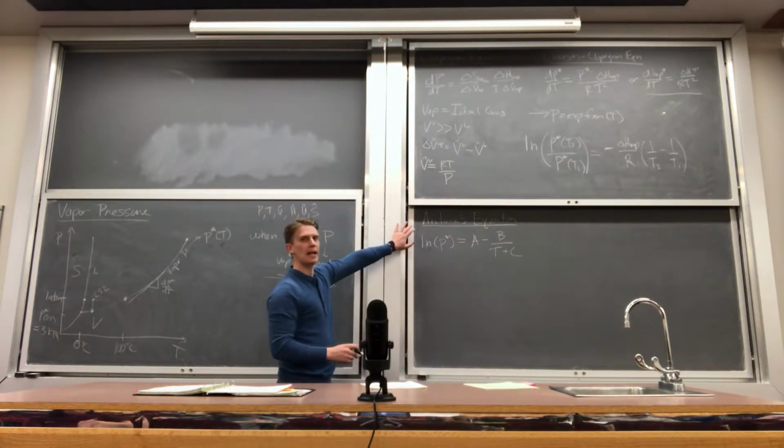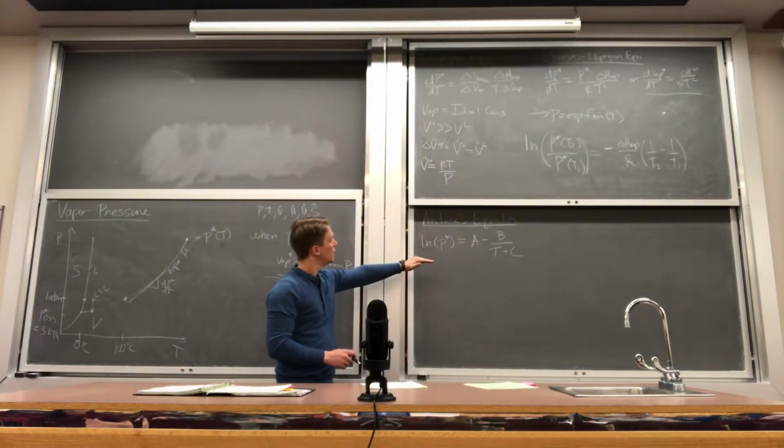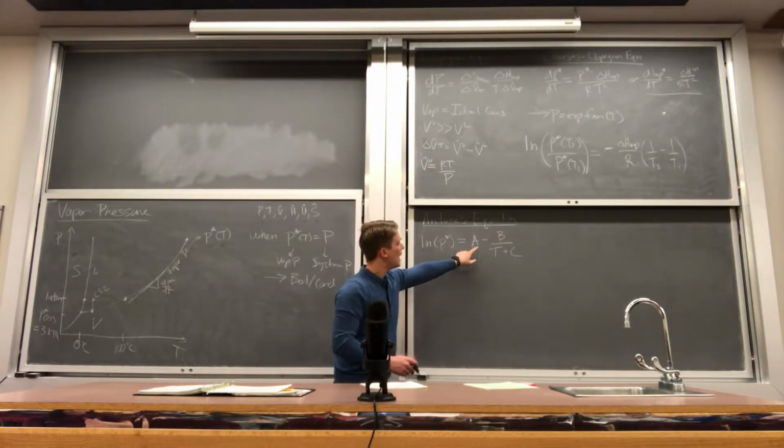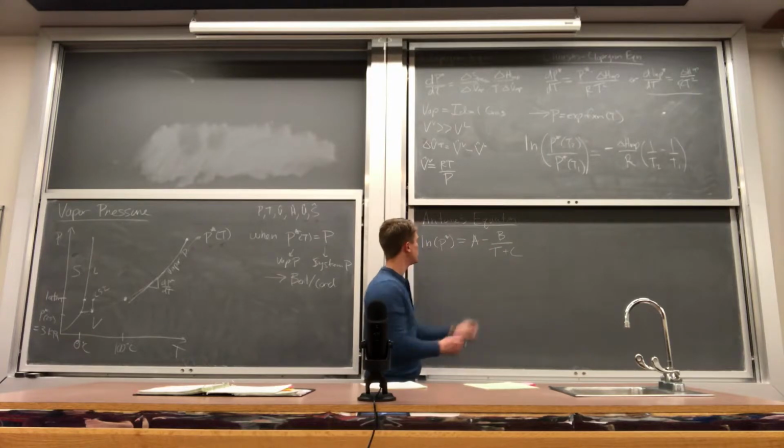So this equation, Antoine's equation, is a correlation. It's a semi-empirical function. These are A, B, C, and then T is temperature.